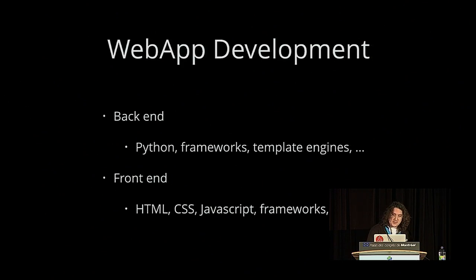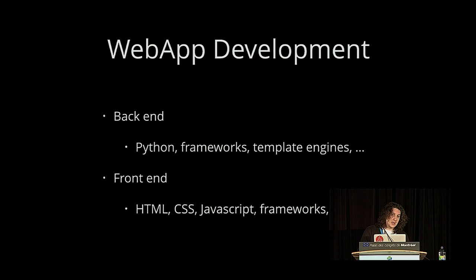So web app development is mostly front-end and back-end work. When you do back-end, for us, it's mostly Python. We're using web frameworks like Pyramid, Django, Flask. We use template engines like Mako, Jinja 2, Chameleon, ORMs, and all other libraries. For front-end, they use HTML, CSS, JavaScript.